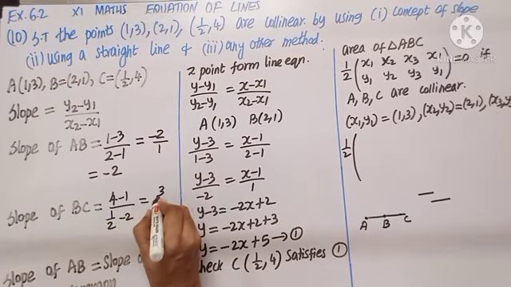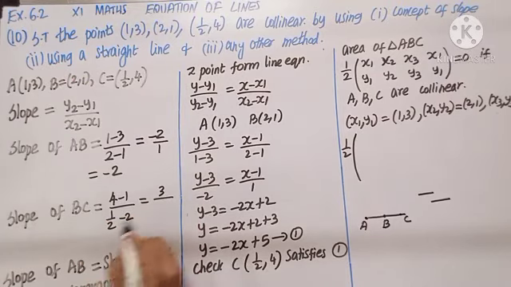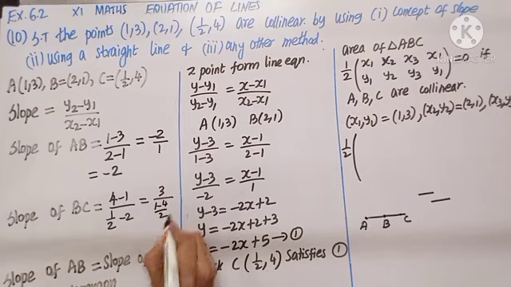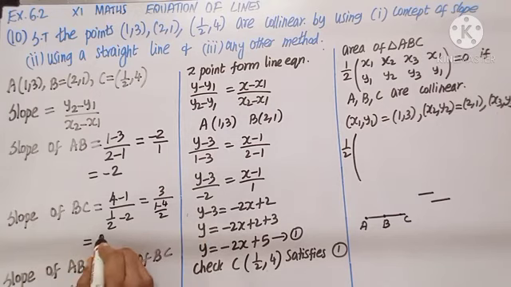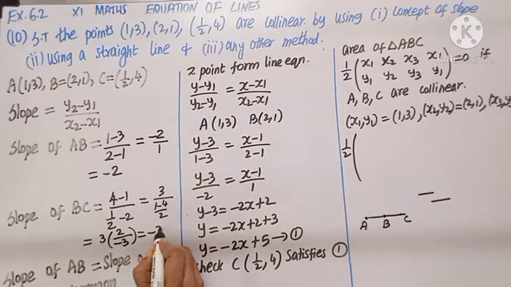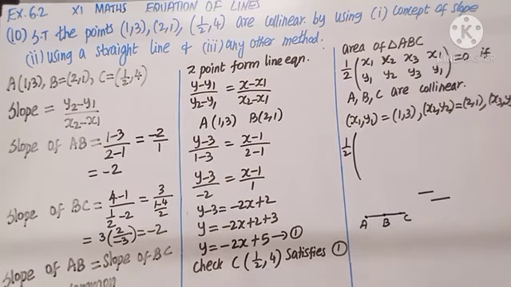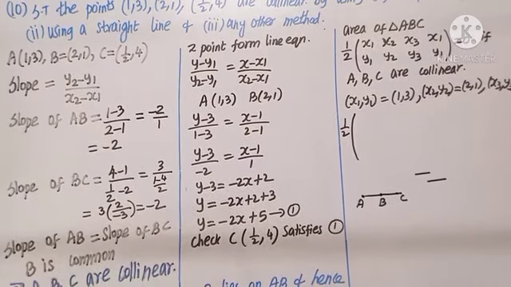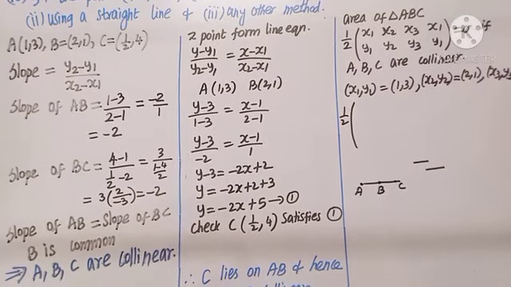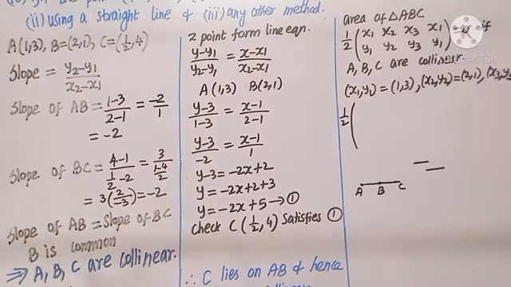That is 3 by (1 minus 4) by 2, or I get 3 into 2 by minus 3, which is minus 2. The slope of AB and the slope of BC are equal, but B is common. Therefore, A, B, C are collinear.